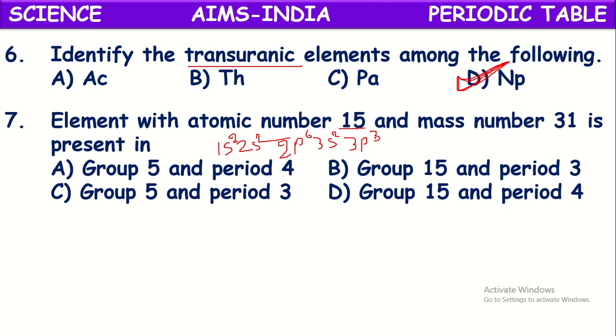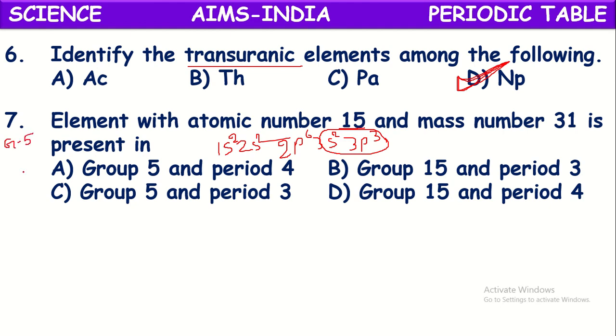One is identifying the group. The number of valence electrons gives its group number. For this element there are totally 5 valence electrons, so its group number is 5.